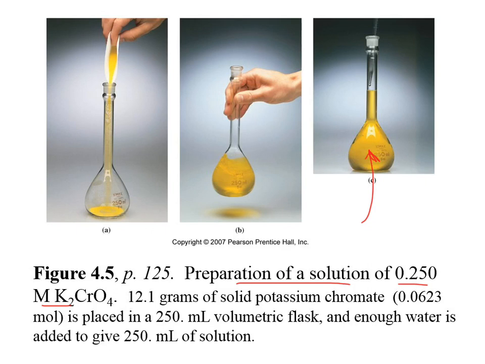Okay, and so actually that's what this is, 0.250 molar K2CrO4. Okay, and it says 12.1 grams of solid solute are added. 12.1 grams, okay, and it's diluted to a final volume of 250 milliliters, okay.